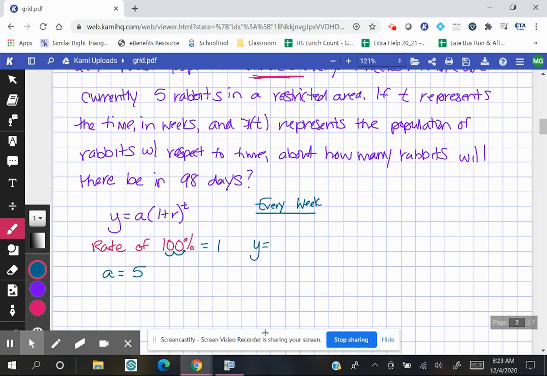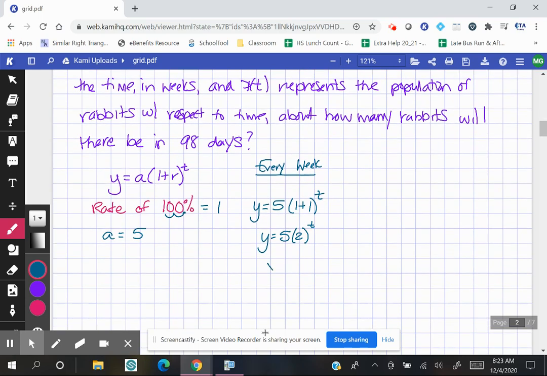For that, I would take my initial amount, which is 5, and I would double it. My rate is 1. So you may even be able to figure this equation out without doing any of the formulas. So y equals 5 times 2 to the t. So that's if we doubled every week. So let's see if it just works.